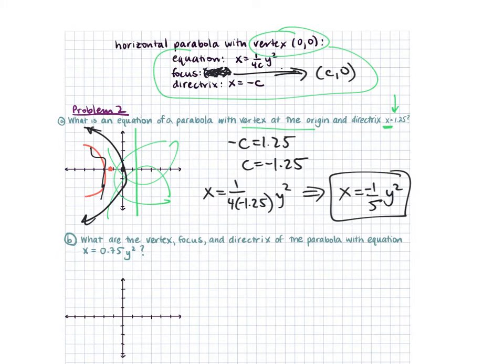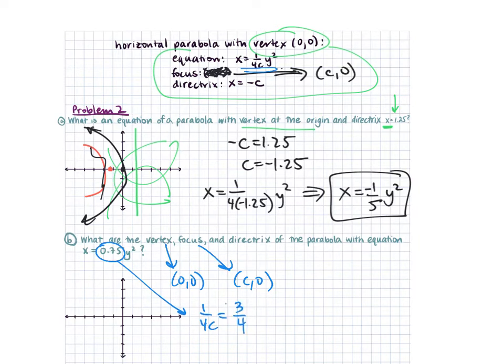Okay, and then for this one here, since our equation is of this form, my vertex is 0, 0. In order to find the focus, which is going to be C, 0, we need to find C. So 1/4C is equal to 0.75, which is 3/4.